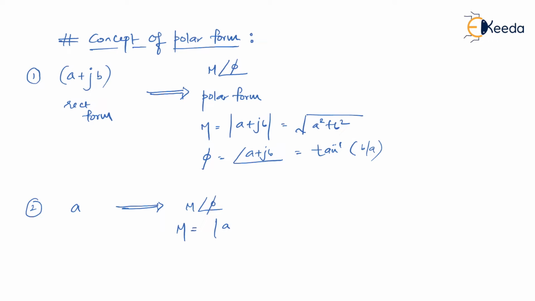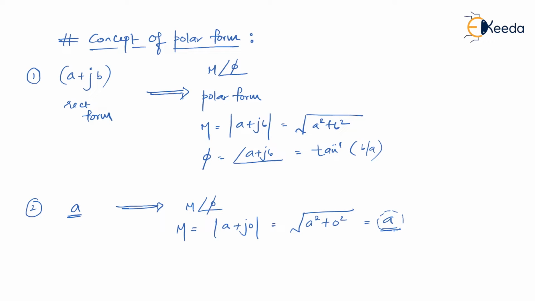Since the imaginary part is not given, I can consider this number A as A plus J0, which is the square root of real part square plus imaginary part square. Ultimately what we get is A. So what you should remember, whenever there is only a constant A, its magnitude is A itself. I repeat, whenever there is a constant A, and you want to take its magnitude, it is A itself. So you don't have to follow this procedure. You don't have to express A as A plus J0. It is going to save your time if you know these basics.